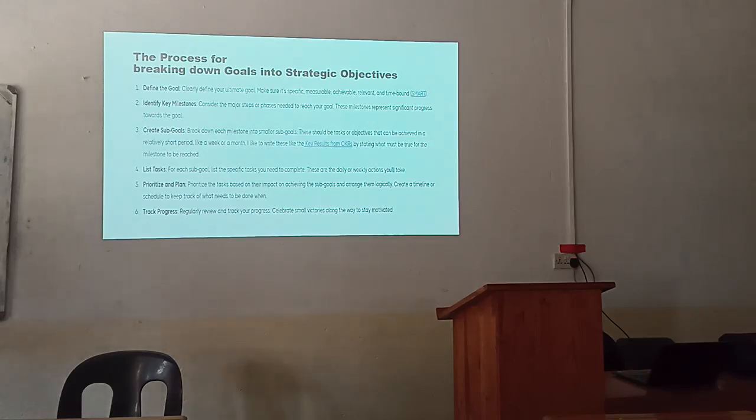So if ours is best cooking oil, how are we going to know we have now achieved our goal? If we are talking of best cooking oil, what milestones will we have? Milestones, important events. Okay?